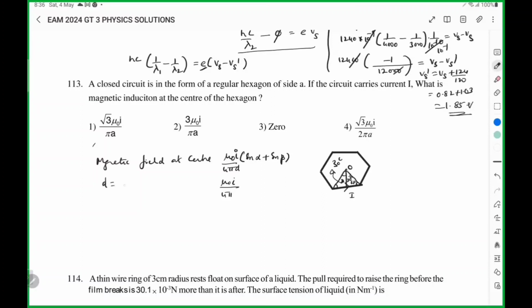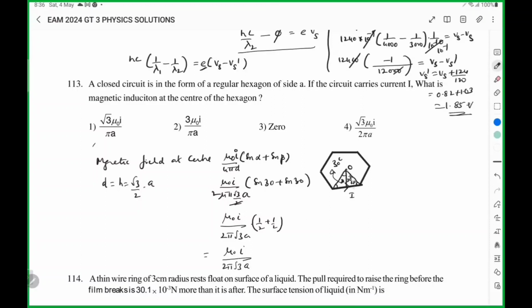Here d is height of equilateral triangle, root 3 by 2 a, sin 30 plus sin 30, mu naught I by 2 pi root 3 a, half plus half, which is mu naught I by 2 pi root 3 a.